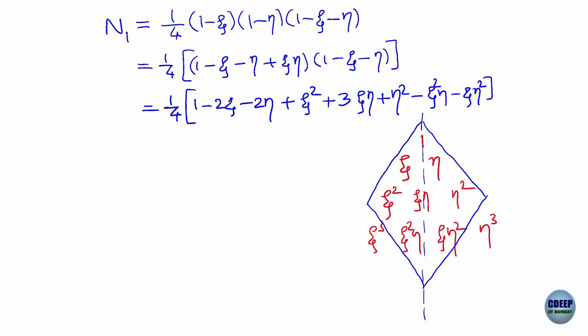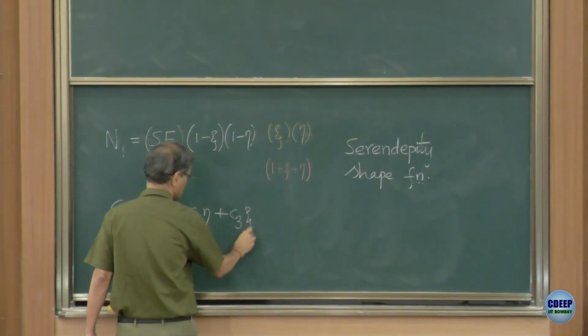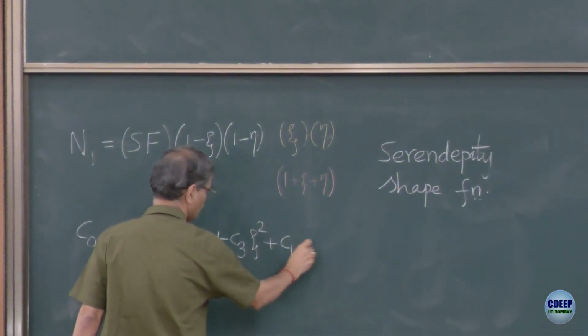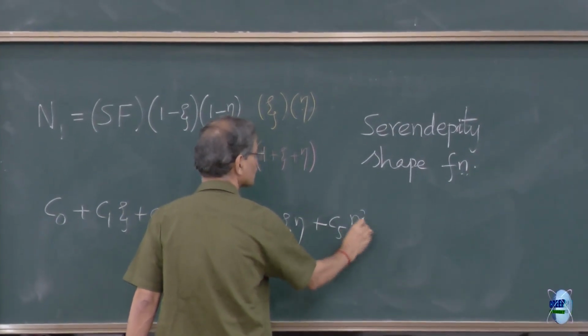Okay. So if it is a complete quadratic polynomial in x, y or zeta, eta, it should have been C0, C1 zeta, plus C3 zeta square plus C4 zeta eta plus C5 eta square.